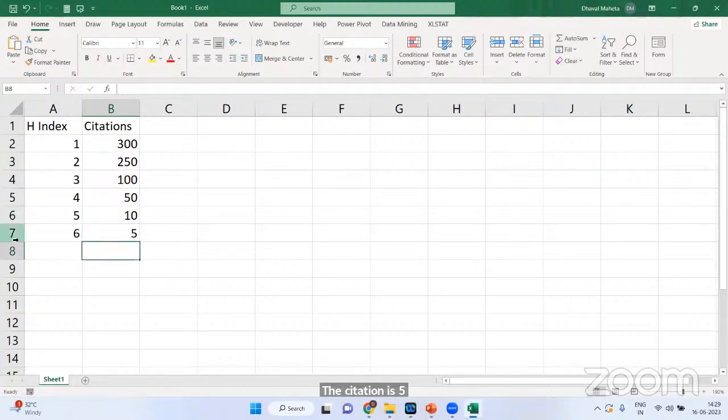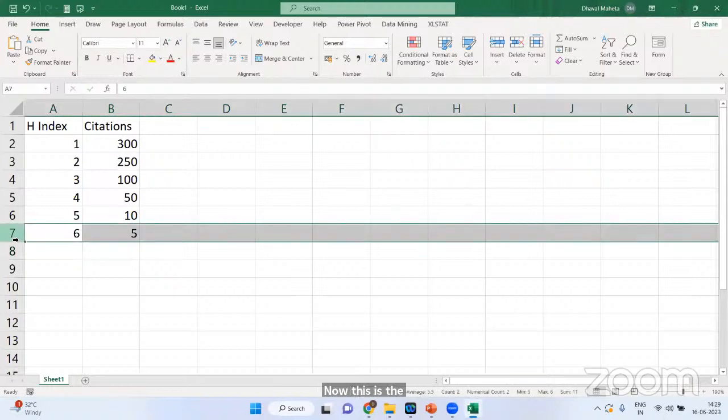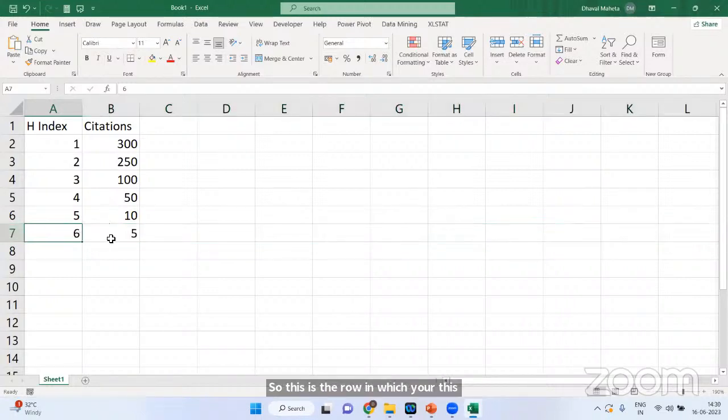Now this is the point. So this is the row in which this number is greater than this.